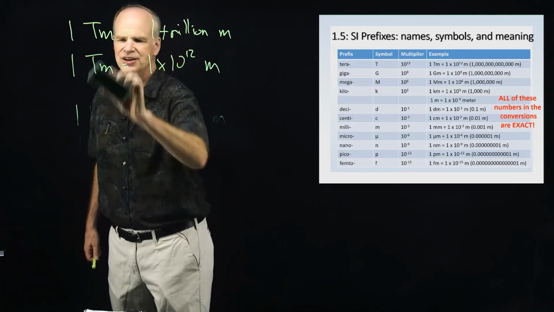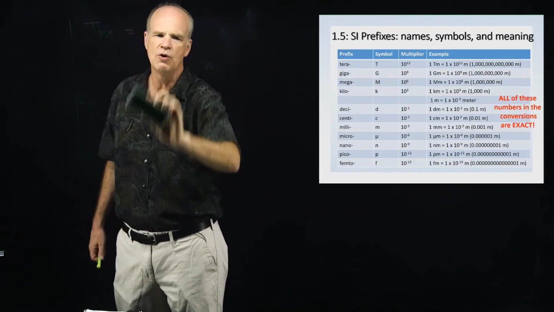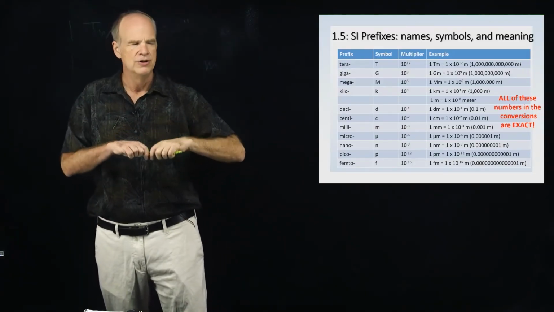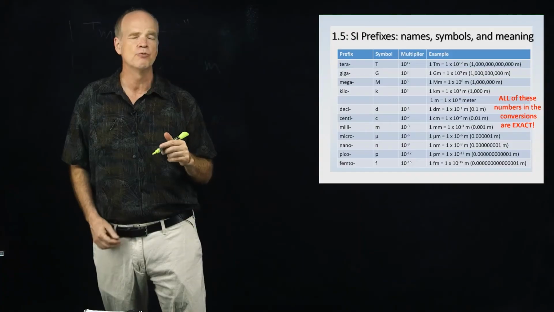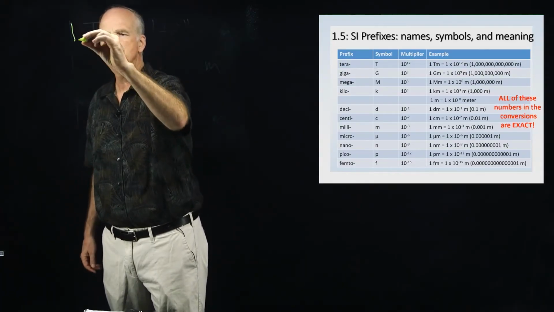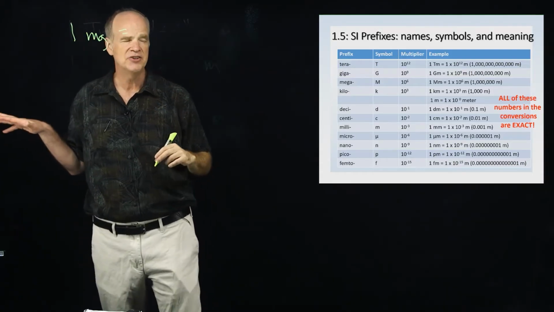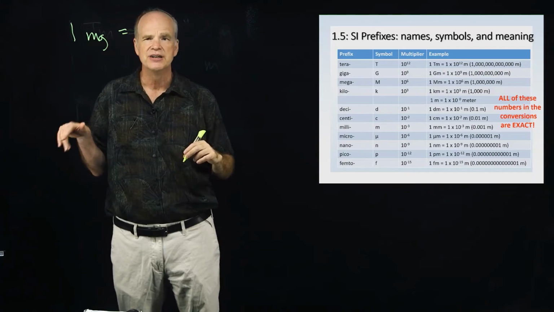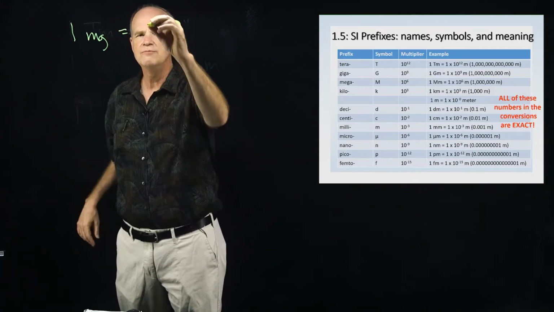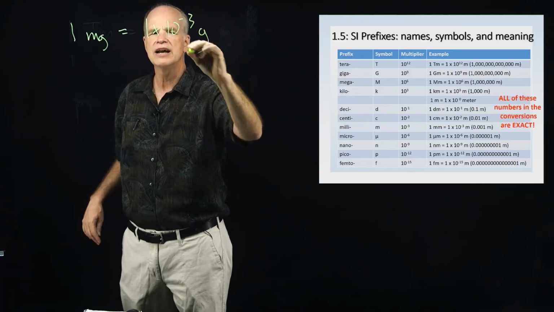Okay, so to give you some examples of that, you're going to be using milli quite a bit. So let's say you want to know how many grams 1 milligram is. You would write that out like this: 1 milligram, and then you sort of have to memorize the exponent on the chart. The exponent is 1 times 10 to the negative 3, so you would write 1 milligram is equal to 1 times 10 to the negative 3 grams.